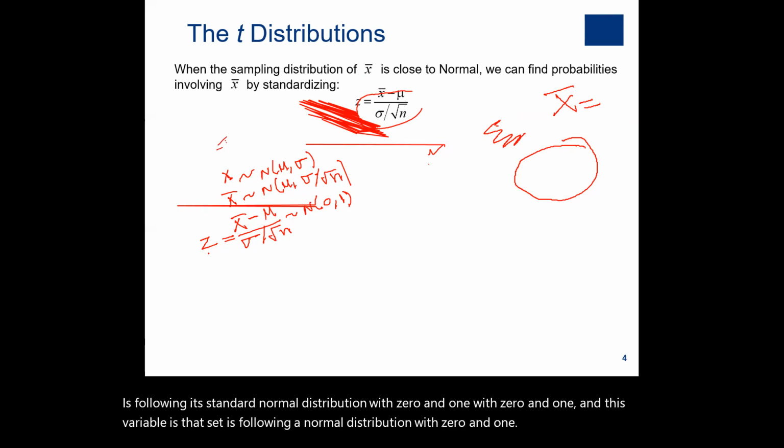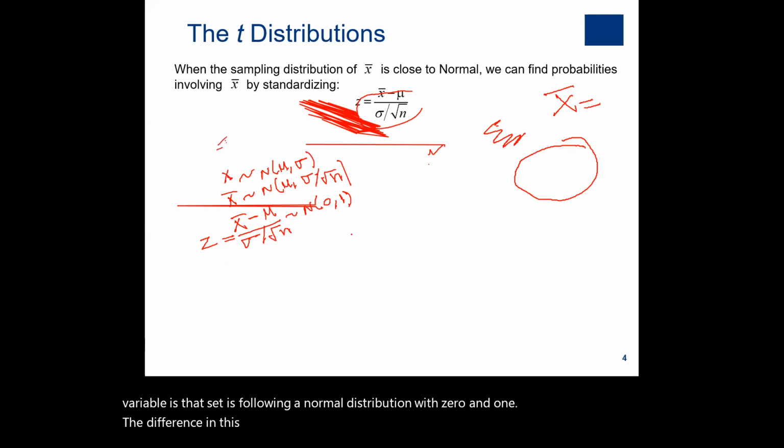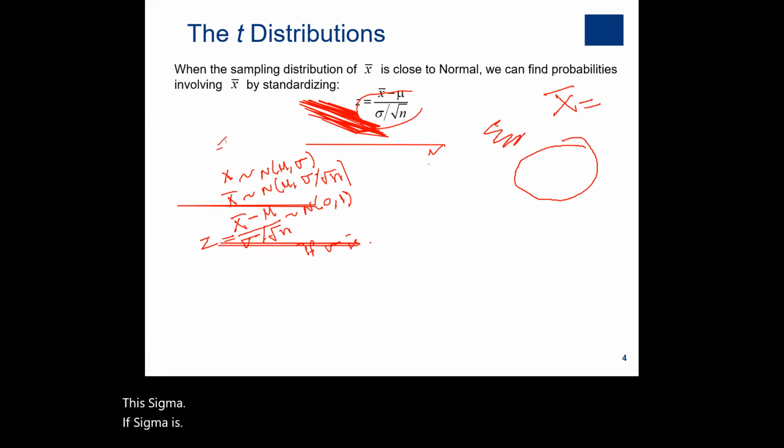The difference in this chapter is sigma is unknown. If sigma is unknown, in this case, instead of using sigma, we are going to use S. S is the standard deviation computed from the sample.